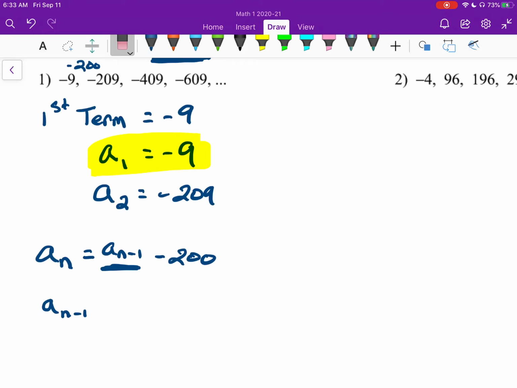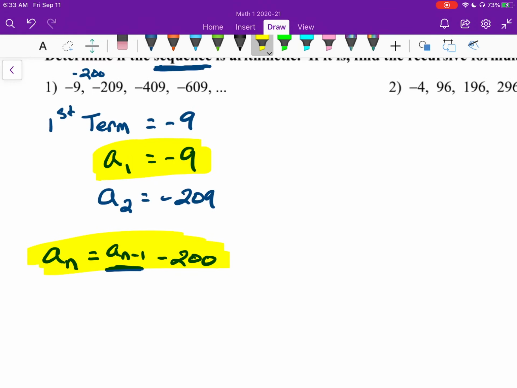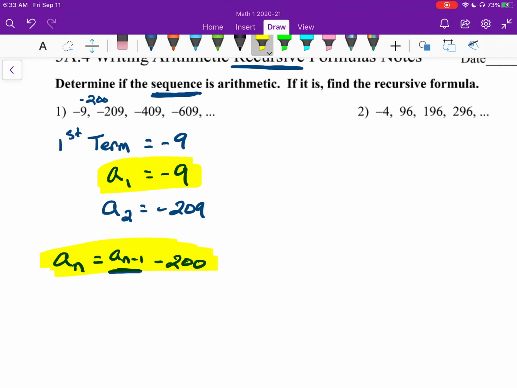So our final answer here is actually both the highlighted portions. If you have a recursive formula, you have to have one of the terms listed. It's normally the first term, right? So right here, we have the first term listed. That starts us off. Then this down here tells us how to get the next term. Well, you take it and you subtract 200 from it.